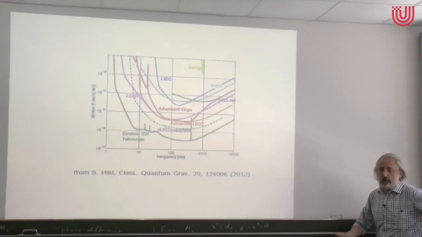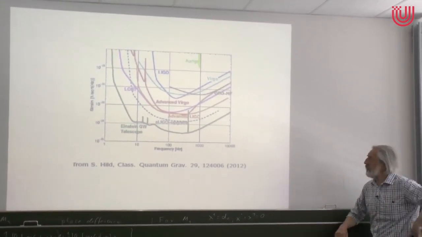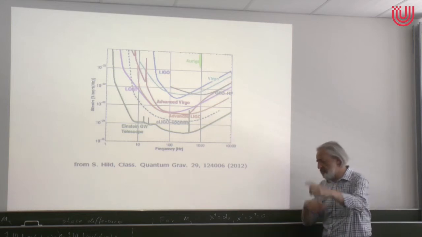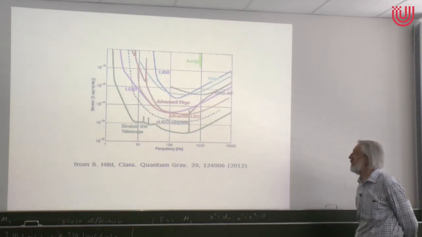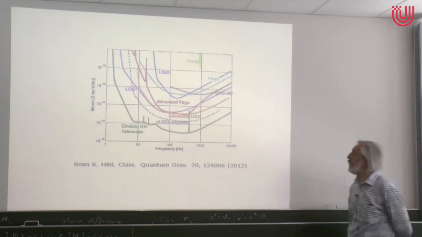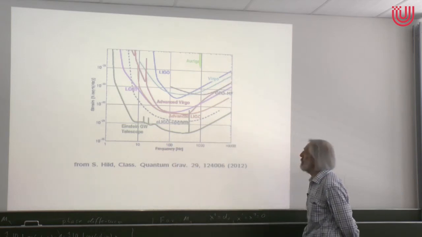And the only other source one could think of are burst sources, where you have also contributions to the frequency in this range. All the other things, in-spiraling black holes or something like that, stellar black holes or supermassive black holes, have lower frequencies. So you want to push this picture a little bit more to the left.